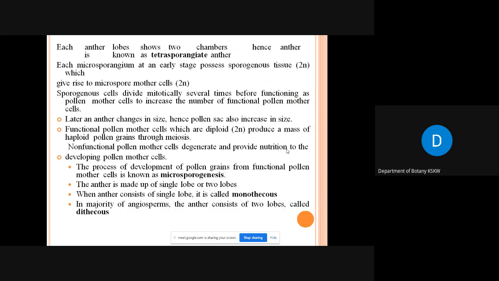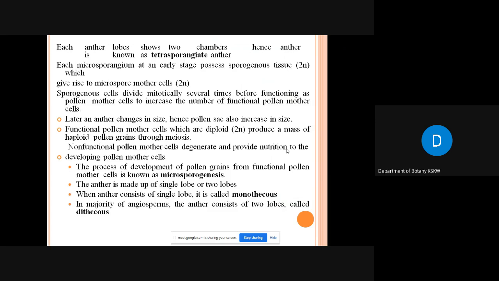The number of pollen mother cells should increase, because if they directly enter meiosis, they would be reduced and the number of pollen mother cells would not increase. So before entering meiosis, these sporogenous cells divide mitotically, remain diploid, and the number of functional pollen mother cells increases.